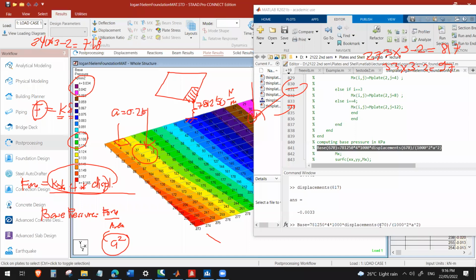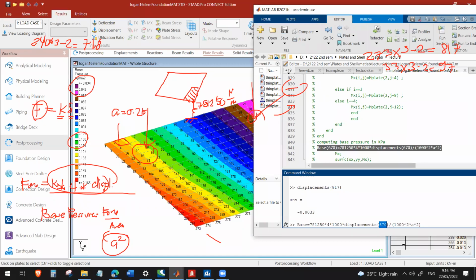So I'll change this to 718. Okay, so I'll be getting the base pressure at node 240. So enter. I'm getting 153 kilopascal. And upon looking at our contour, that's between 149 to 157, which is consistent with 153 kilopascal.